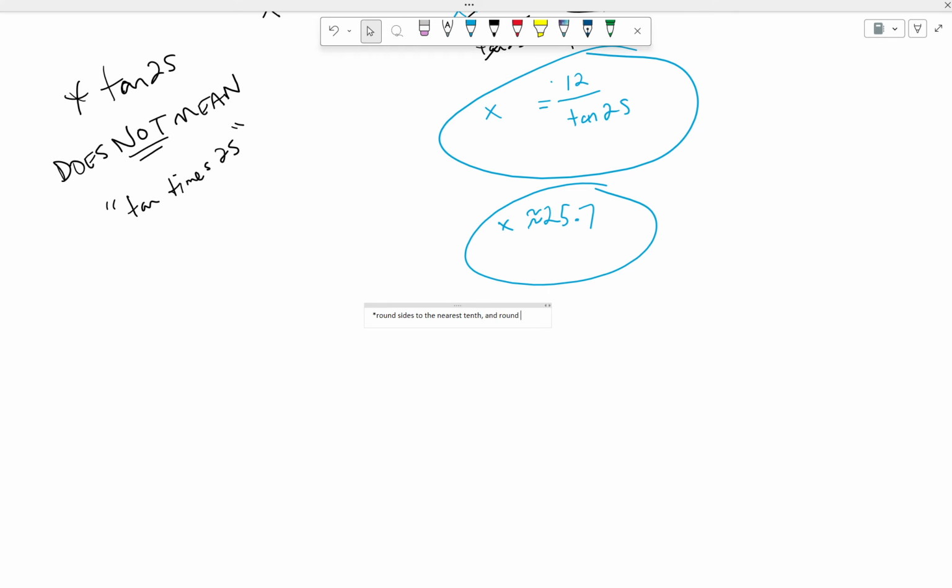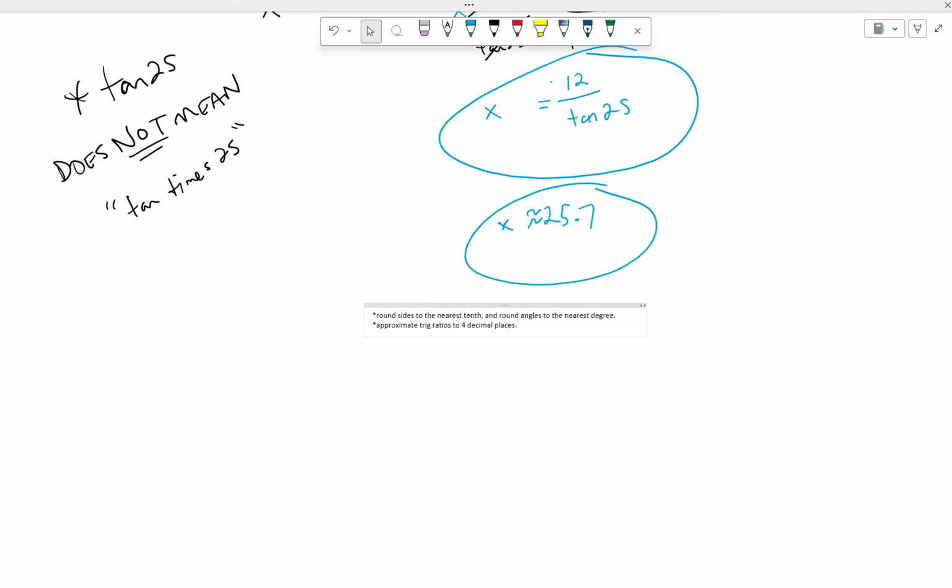And round angles to the nearest degree. And we're going to approximate trig ratios to 4 decimal places.